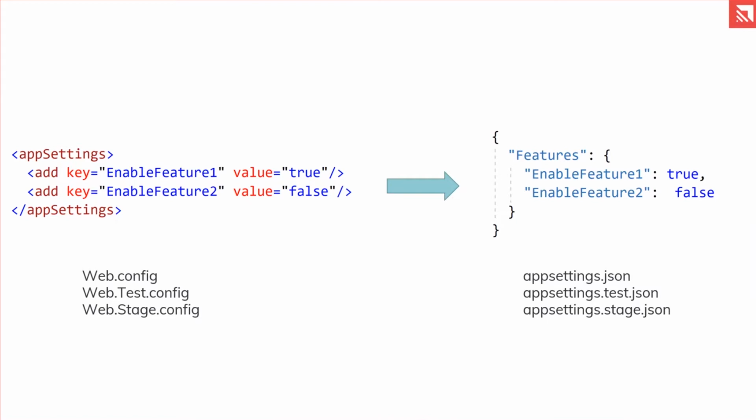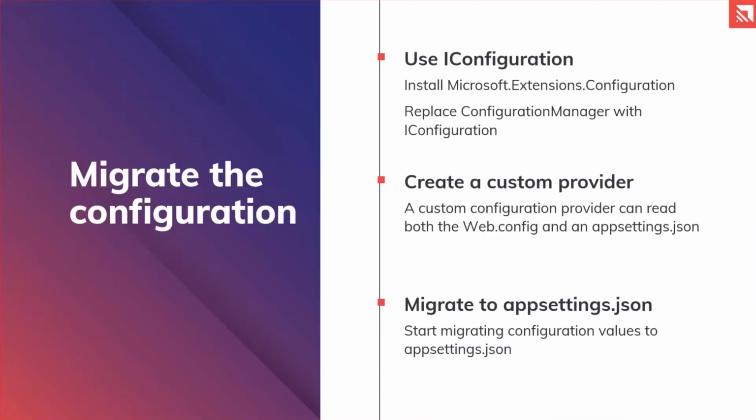But you also need to do things in your code to make this work as well. So what you usually do in the .NET Framework is that you use the ConfigurationManager, the System.Configuration ConfigurationManager, to read config values. And you may do that across the application, or you may have a centralized configuration reader or something like that to read those.